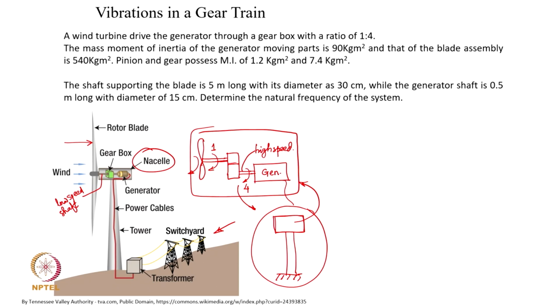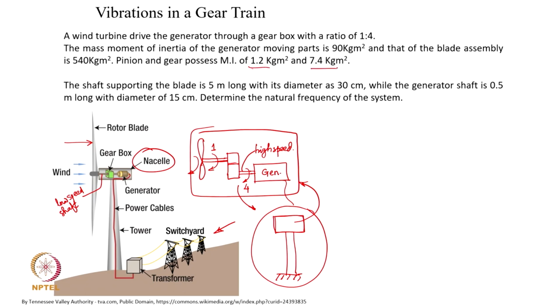The mass moment of inertia of the generator moving parts is 90 kg square meter, and that of the blade assembly is 540 kg square meter. The pinion and gear possess mass moments of inertia of comparatively almost negligible values, as you can see.